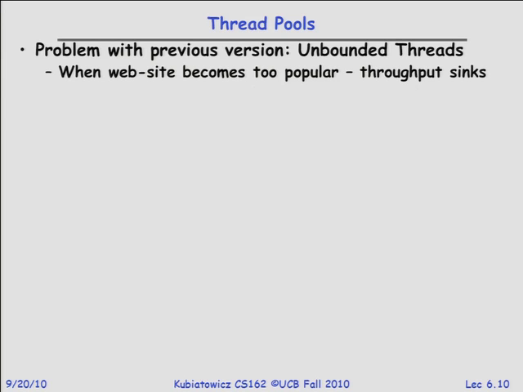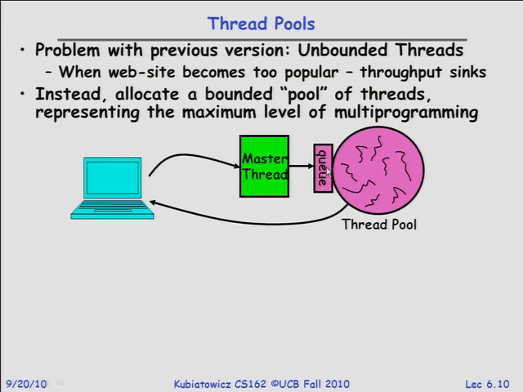So this little petri dish here is all the threads, and there's a queue on the input. And the idea is that every request that comes in gets put in the queue, and there's a finite number of threads here running, and they go and grab a request off the queue, they do something with it, finish it, grab the next request. And we only have a fixed number of things actually running in parallel at any time.